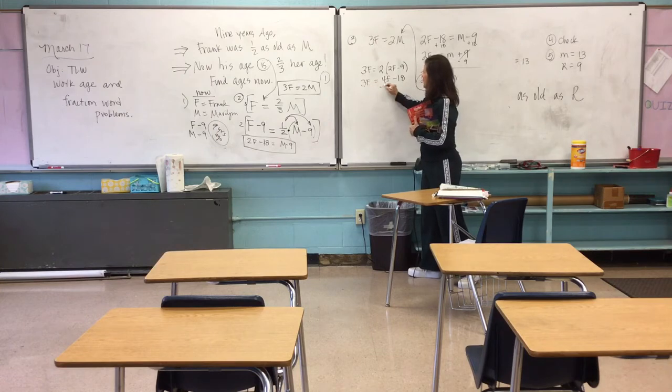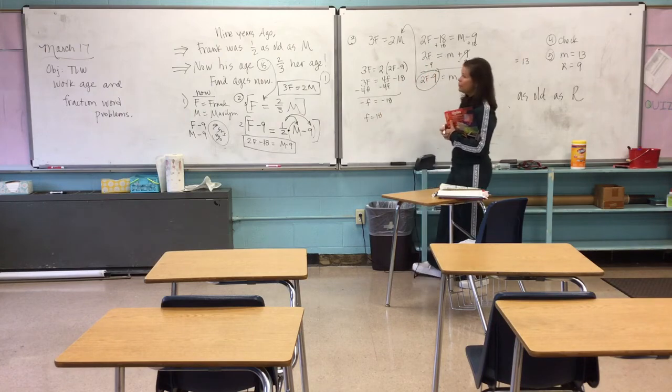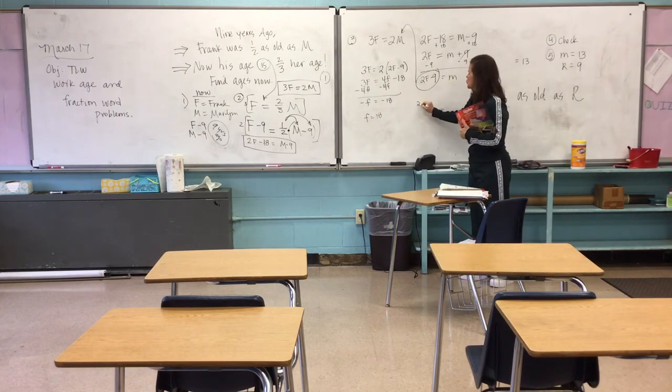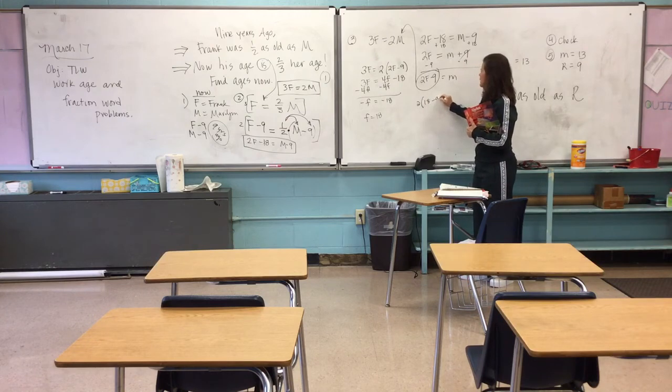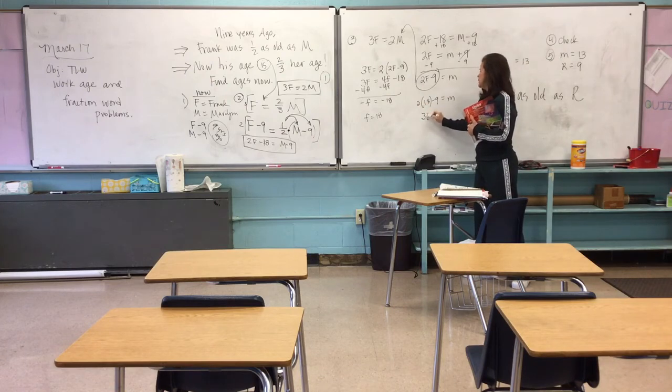I'm going to move him over here. I get negative f equals negative 18. Multiply both sides by negative 1. I get f is 18. So Frank right now is 18. And Marilyn is 2 times 18 minus 9. 2 times 18? 36 minus 9.